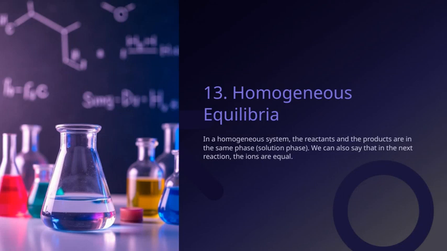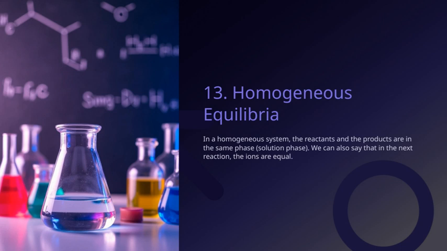In a homogeneous system, the reactants and the products are all in the same phase, which in this case is the solution phase. This means that everything involved in the reaction, both the starting materials and the resulting products, are dissolved in the same substance. One key point to understand here is that because they share the same phase, the ions involved in the reaction are in equal concentrations on both sides of the equilibrium at the same time. This equality of ions across the reaction helps us understand how the system maintains balance.